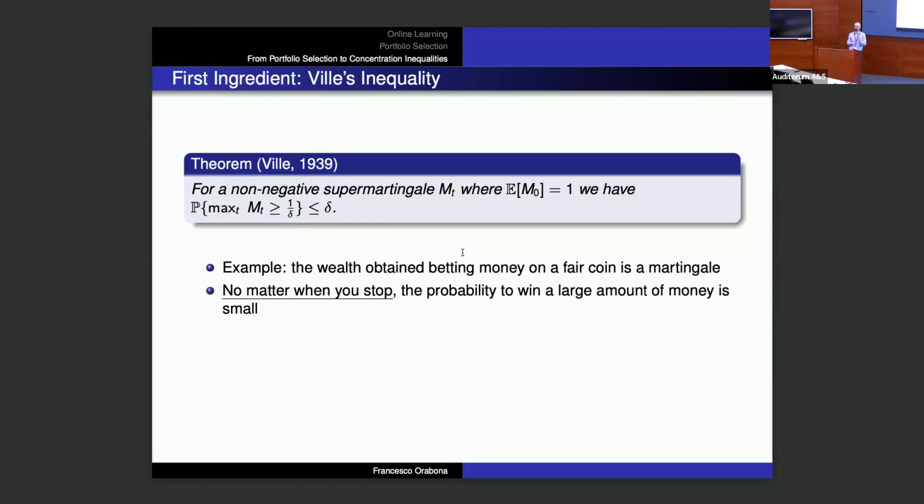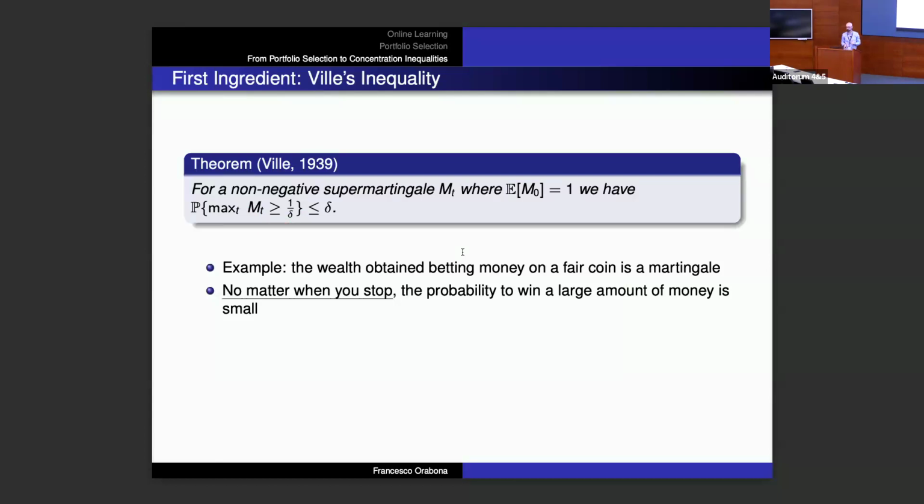So it basically says it doesn't matter when you stop, because people say I have a very good betting strategy. I know where to stop. I stop at the moment that I gain a lot of money, and this is the optimal thing. Ville says it doesn't matter. It doesn't matter when you stop. Even at the top of your wealth, the probability that this stop will be high is small.